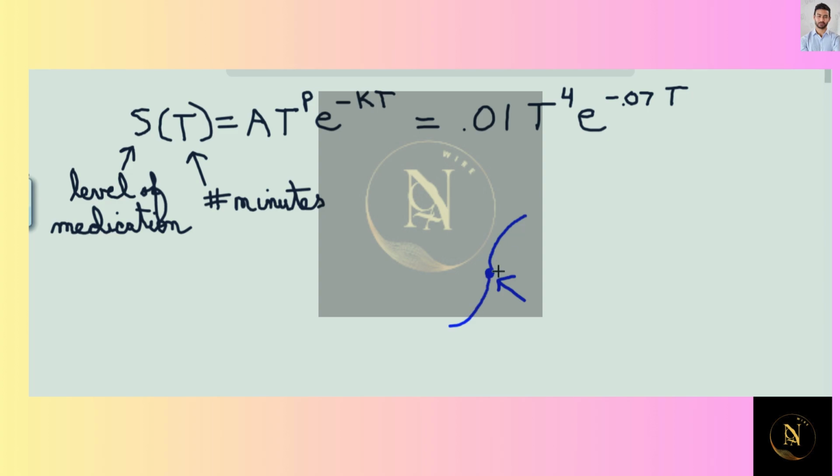The function is still increasing, but the rate at which it's increasing, as indicated by the first derivative, is changing. Here, the function is increasing at a quicker and quicker rate, so the slope or the first derivative is increasing. And then at this inflection point, the second derivative is 0.